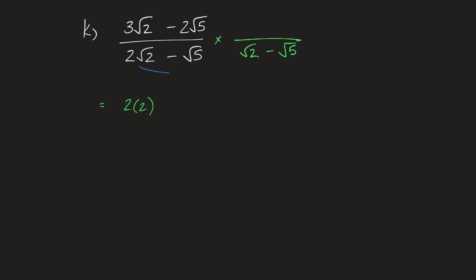Then when I deal with my outsides, I think you'll notice I'm going to get negative 2 root 10. And then when I put these together, these should have been conjugates. So I would have got a positive 2 root 10. But now my next one would only be a negative root 10. And you'll notice those middle terms don't cancel out anymore.